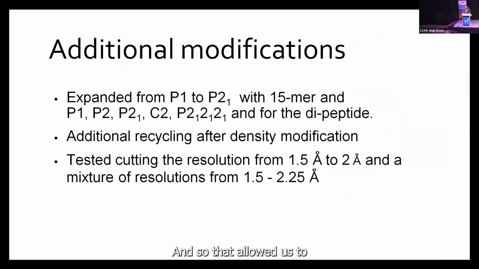That allowed us to move from 0.82 to 0.9 in our correlation coefficients. We've also started exploring adjusting the resolutions, and found that even if we cut the resolution to 2 angstroms, we still do quite well in terms of our predictions.